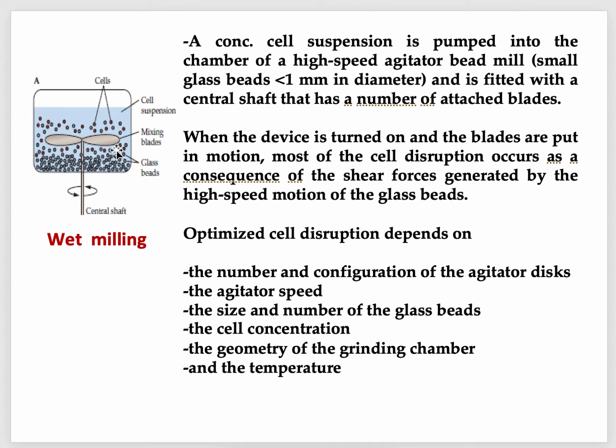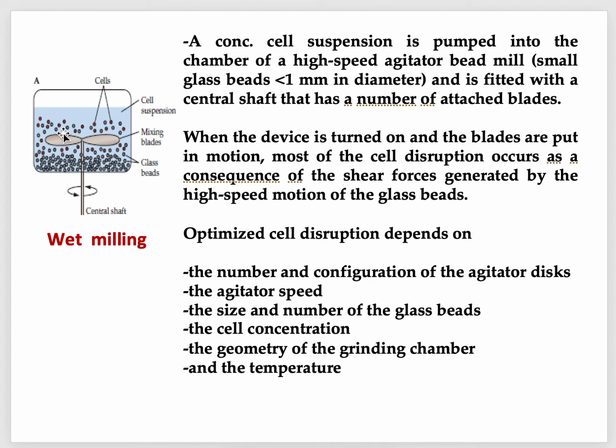So there are small glass beads and also a shaft with attached blades. In this process we just have to fill this compartment with the cells that we want to disrupt. Then when the device is turned on and the motor runs, the blades will move. Most of the cell disruption occurs as a consequence of the shear force generated by the high speed motion of the glass beads.